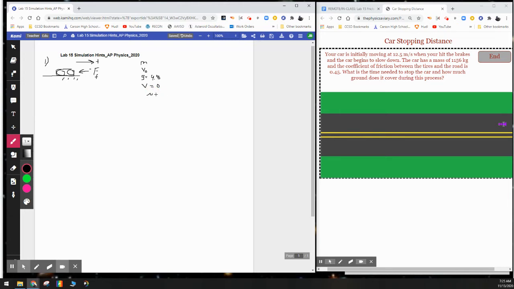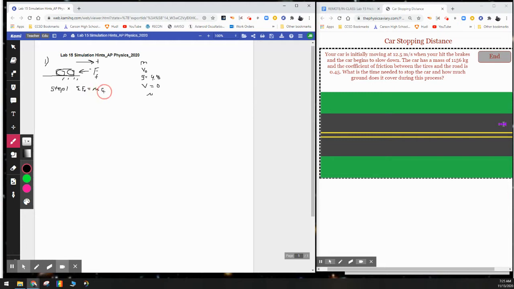In order to solve this problem, we have to first find the acceleration or deceleration. So the first step here, we'll call it step one: sum of the forces in the x direction is equal to ma.